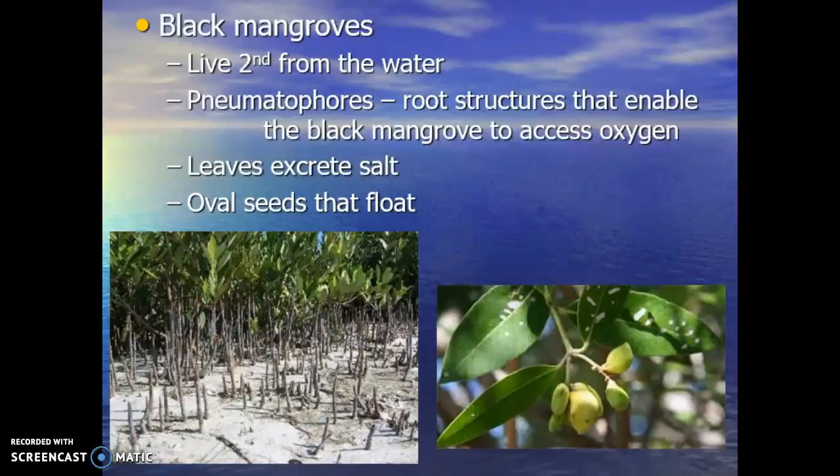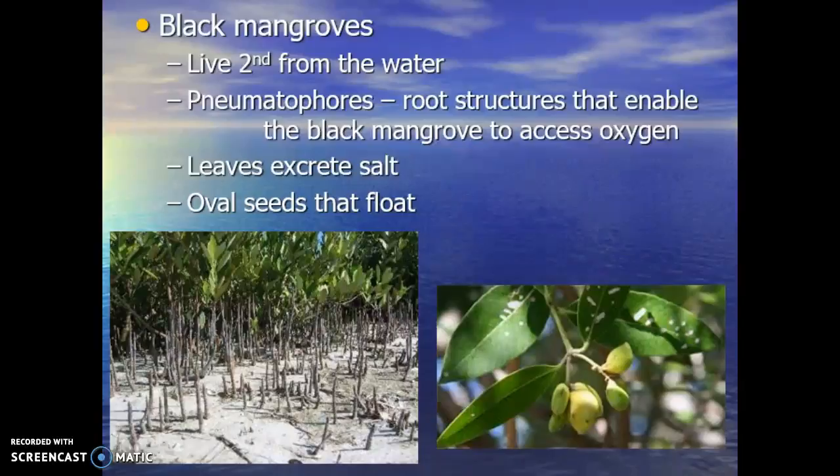What they can do is float around, and then when the tide goes down and the island area that the black mangroves are in dries out because the tide's lowered, then those seeds can dig into the sand and germinate in a different location. So floating seeds are good, but the black mangrove seeds work differently than the red mangrove seeds.